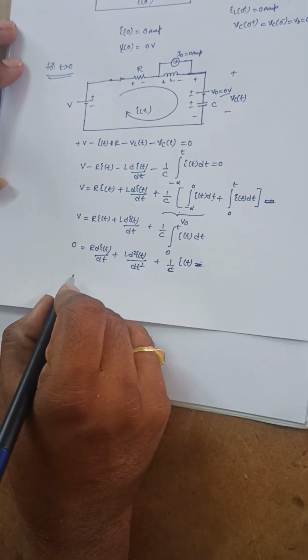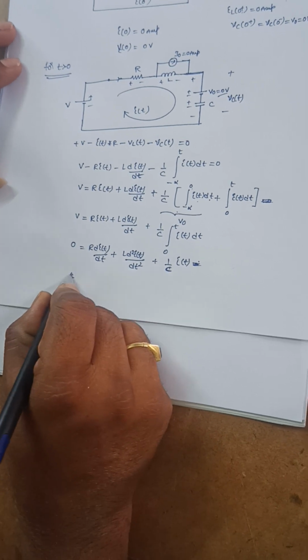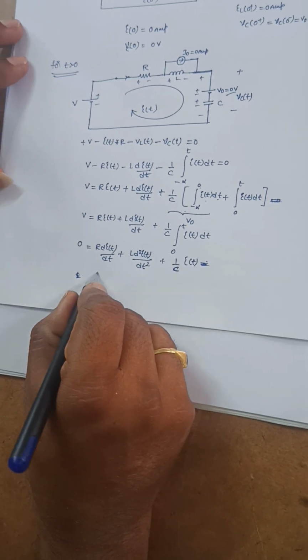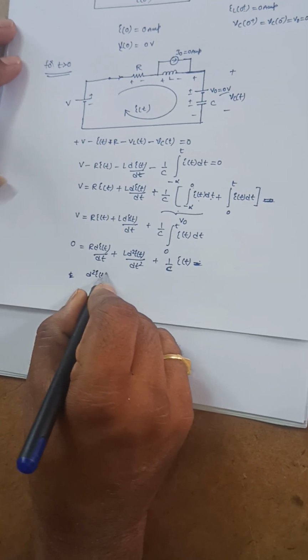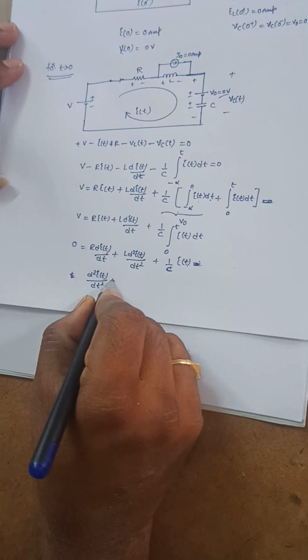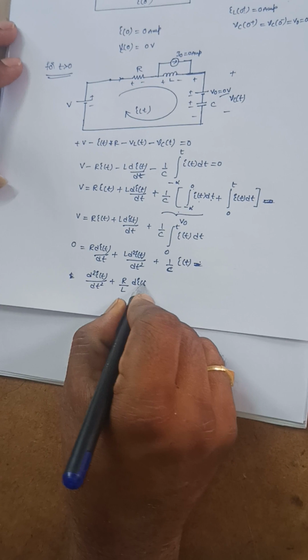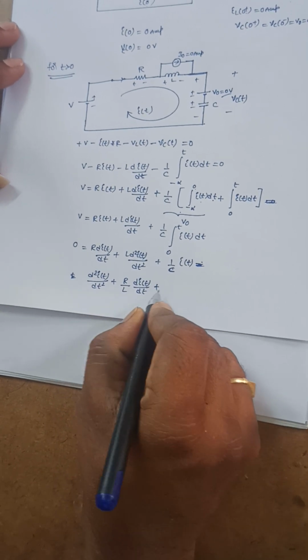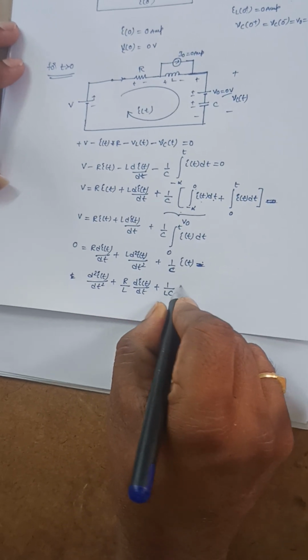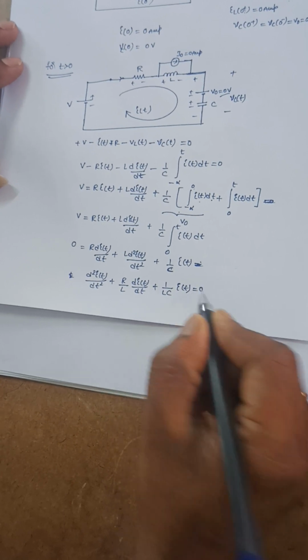Now in this equation, if I take L as common, d square i of t by dt square plus R by L into di of t by dt plus 1 by LC into i of t is equal to 0.